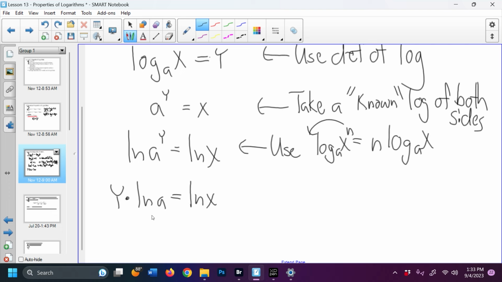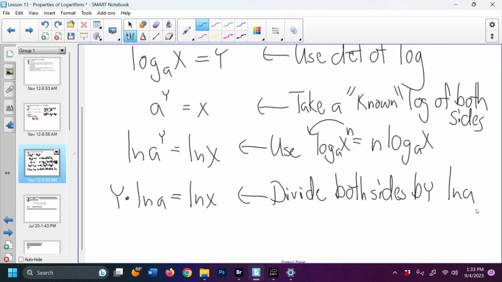Now, ln is on our scientific calculator, so we can calculate whatever that value is, provided we know what a is. Since that's a calculable value, I have y times ln a. So to get y by itself, I'm going to divide both sides by ln a.